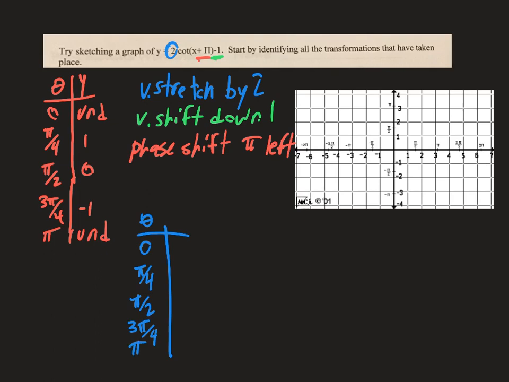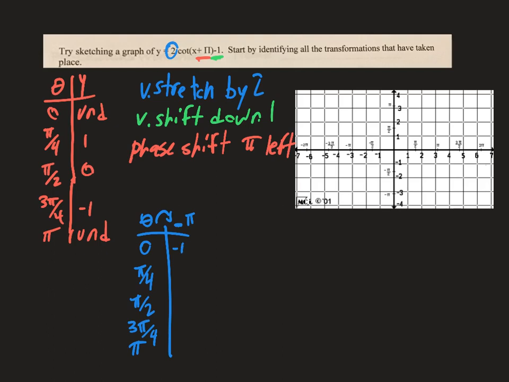So now, which transformation is going to affect those values? Hopefully, you got that it was the phase shift and that it was going to be pi to the left, which means instead of adding pi, I actually say minus pi. Okay, so I'm going to take all of these numbers and we're going to go ahead and subtract pi from them.